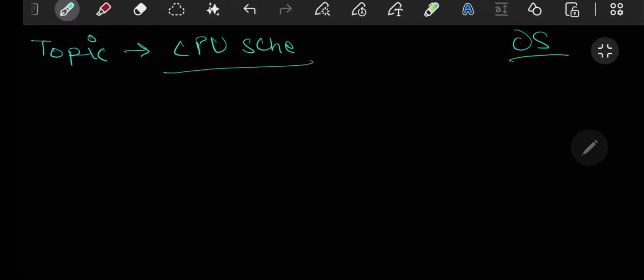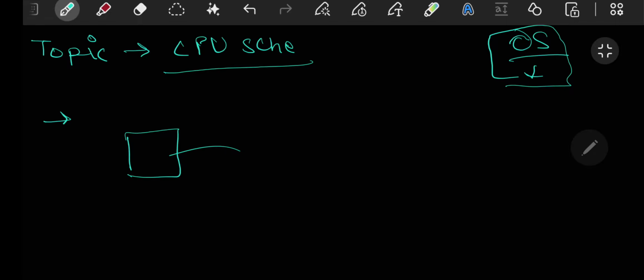So imagine if there is no operating system. I will be telling you the definition of operating system, but first learn its real world use. Imagine if there is no operating system and we went to buy a computer.